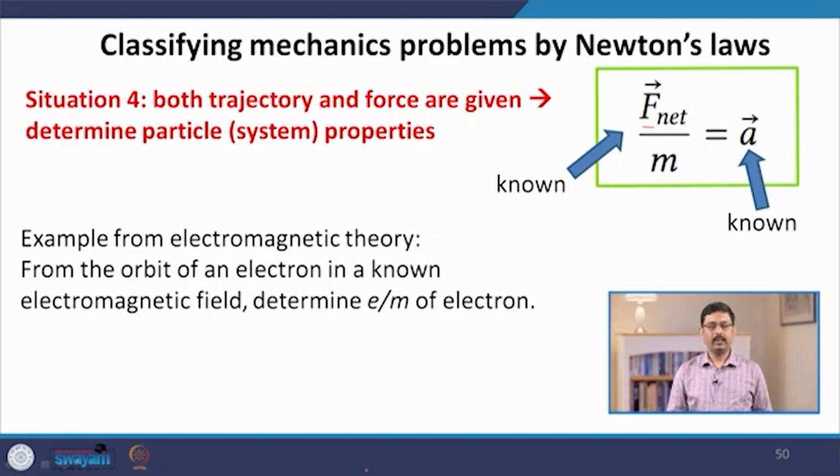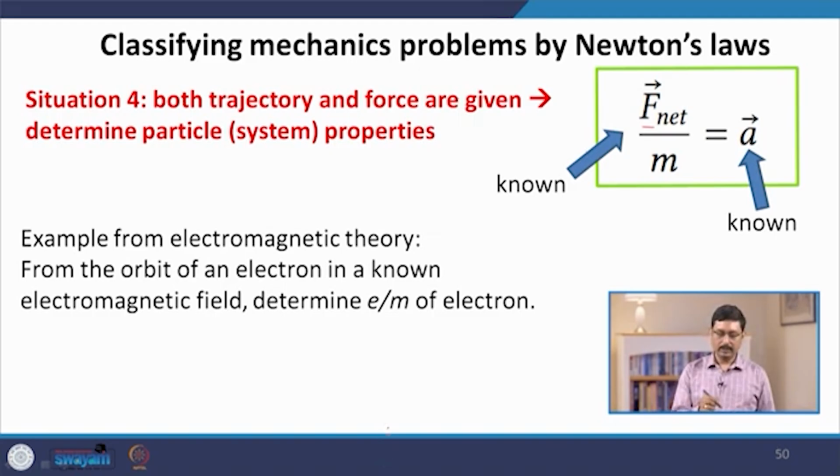Now you want to determine some properties of the particle, some properties of the system you study. One example I can think of is from electromagnetic theory. Suppose there is an electron moving in an electromagnetic field, so it is experiencing the Lorentz force.